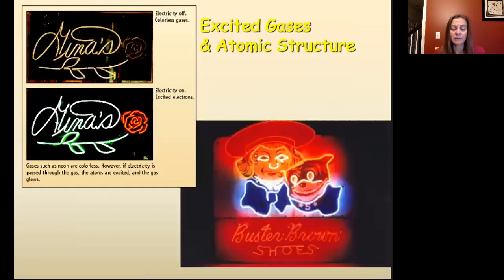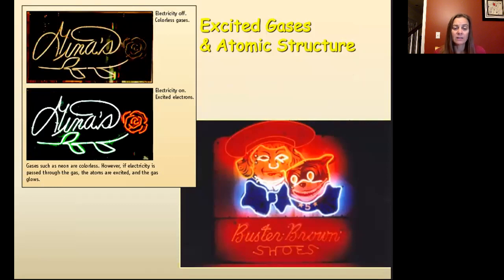One of the things we talked about when we discussed the periodic table is the idea of neon signs. Neon signs truly are filled with neon gas, or at least the original ones were. When the electricity is turned off, the gas is totally colorless.